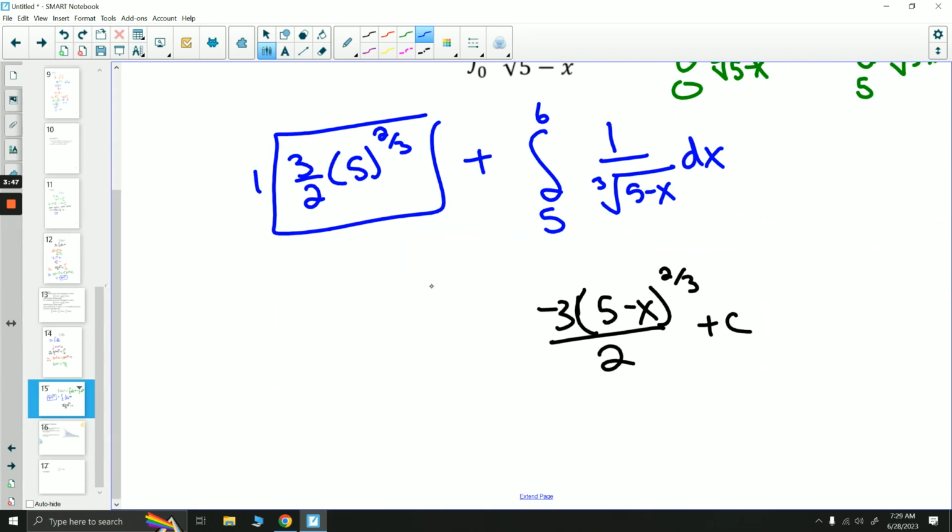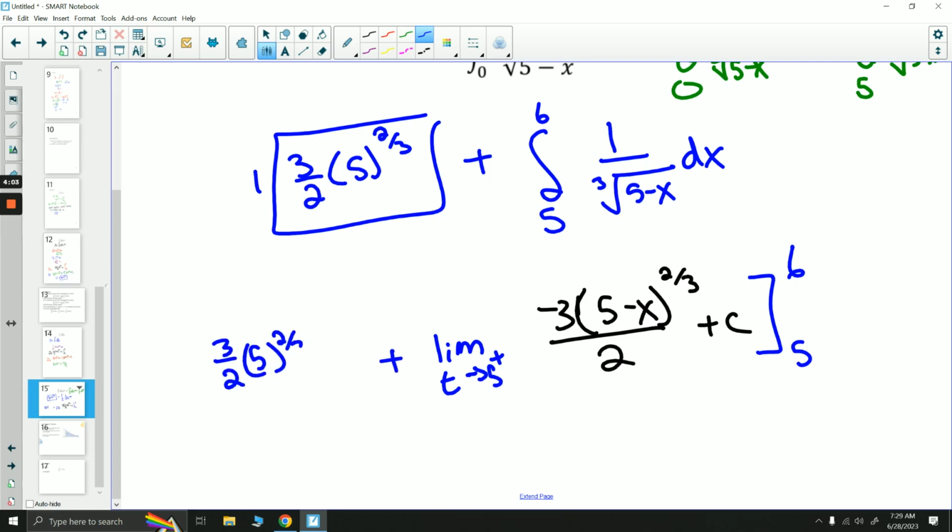So we end up with the limit as t approaches 5. In this case, we're taking it from the right-hand side of this thing, from 6 to 5. And we're going to add it to this 3 over 2 times 5 to the 2/3 that we got in our first half.